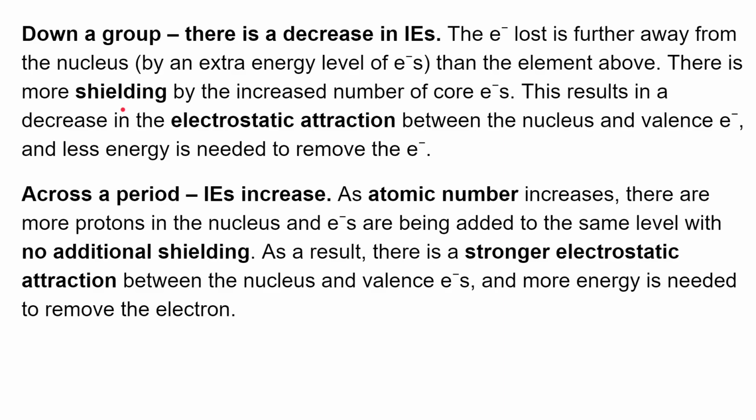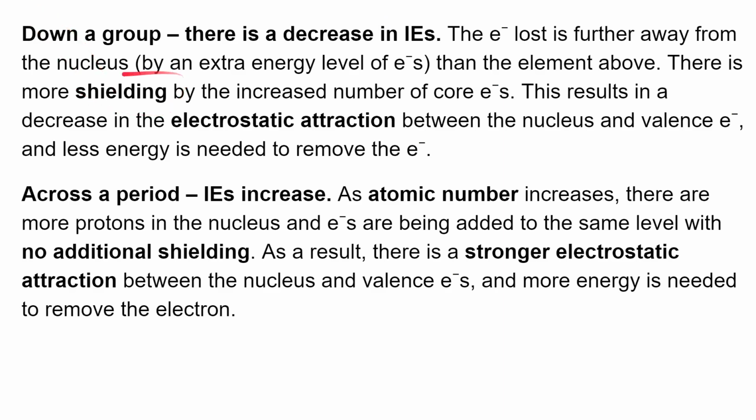You've got a positive ball of protons in the center of your atom. And what the electrons are doing is they're orbiting that atom, and the core electrons, the electrons further inwards, are shielding some of that positive charge from the outer electrons.